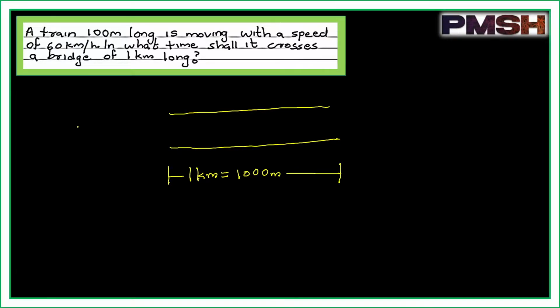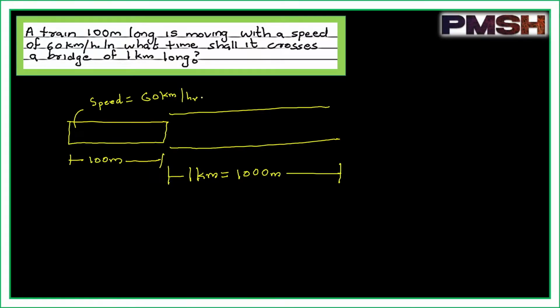And a train, okay, let us draw a train. The length of this train is given to be 100 meters, and this train is going with a speed of 60 kilometer per hour.